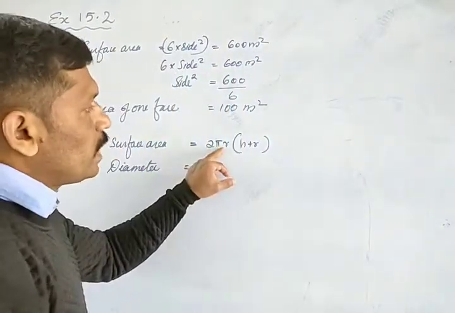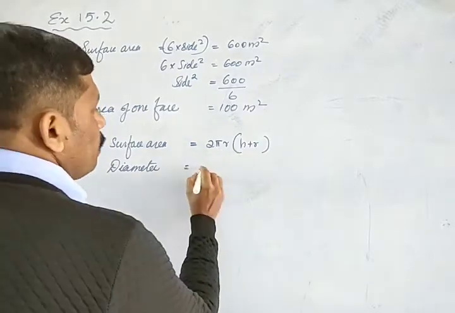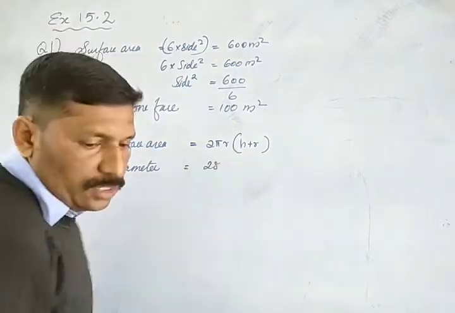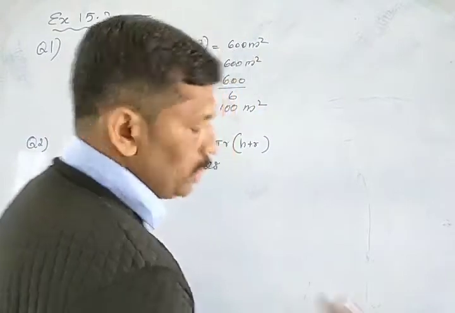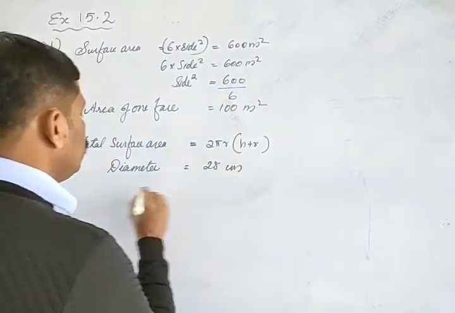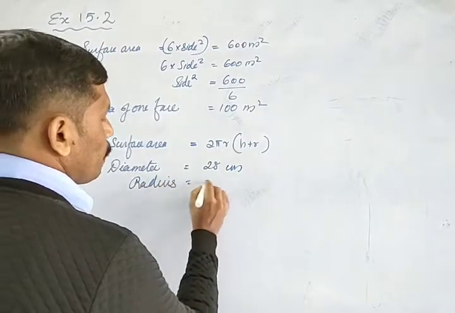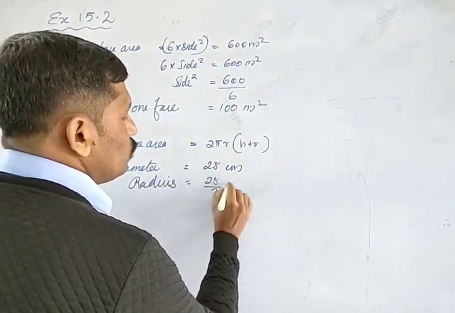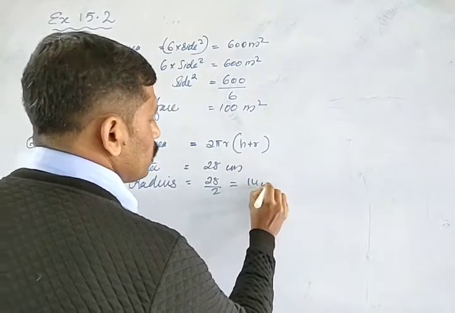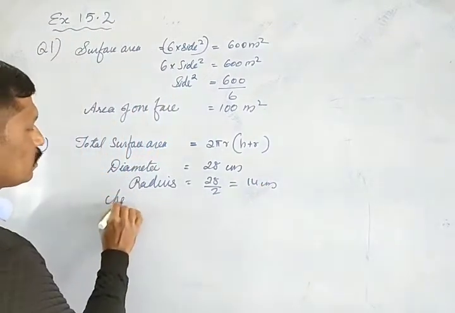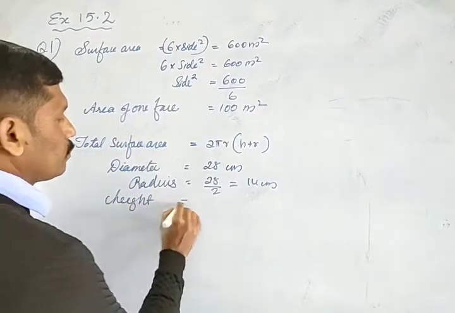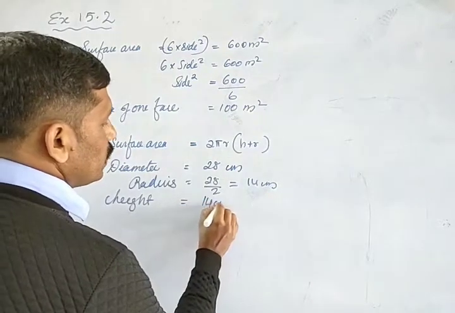So the formula is total surface area 2 pi r into h plus r, and diameter is equal to 28 centimeter. Therefore radius is equal to 28 divided by 2, that is 14 centimeter, and height is also 14 centimeter.